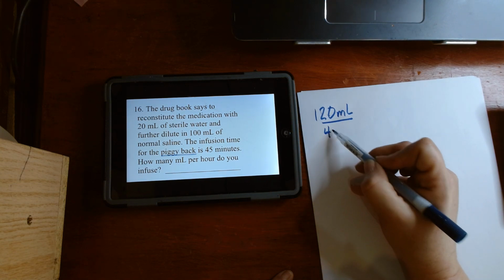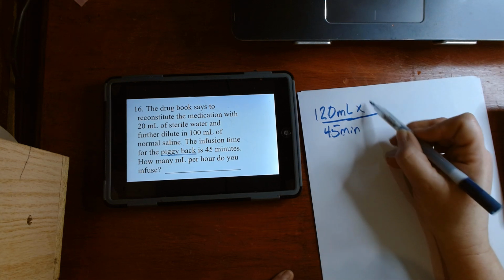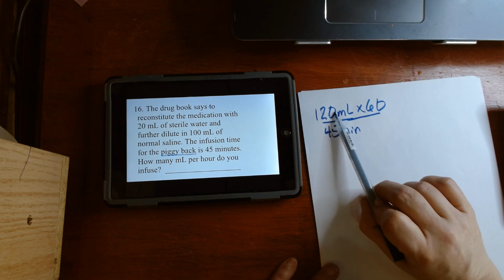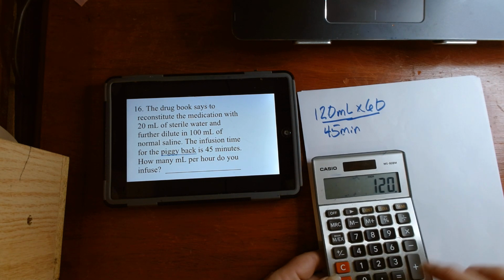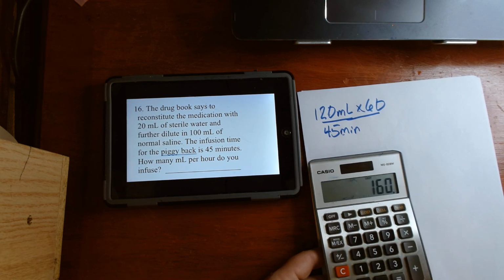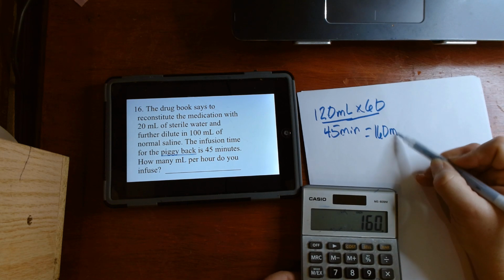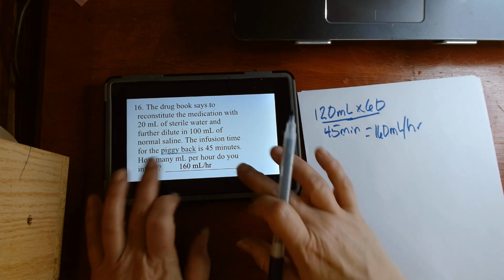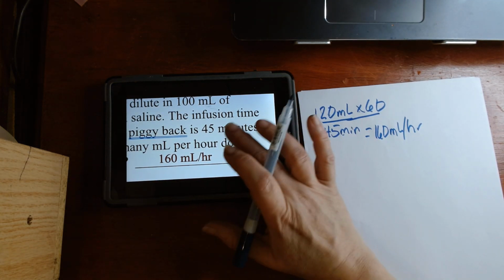It's got to infuse over 45 minutes. So I'm telling the problem, hey, Homer, you know, and then we're going to do that times that divided by that. 120 times 60 equals, divided by 45, and that will be 160 milliliters per hour. Look, sure enough it is. Boom. We saved him.